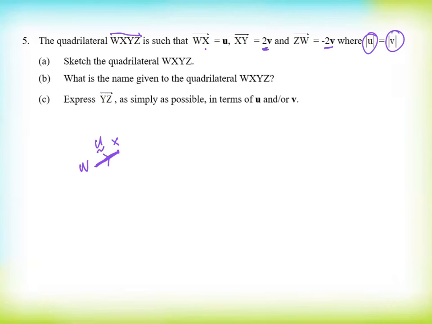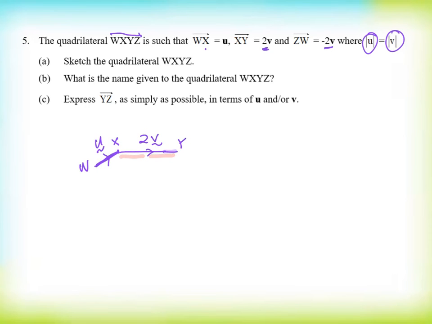Now we're going to continue from X to go to Y. I do not know which particular direction, but I can roughly go in any direction that's different from U. So maybe I'll travel here, and I need to make sure that this length is twice the length of vector U. And this will be vector 2V, and I'll end up at point Y.